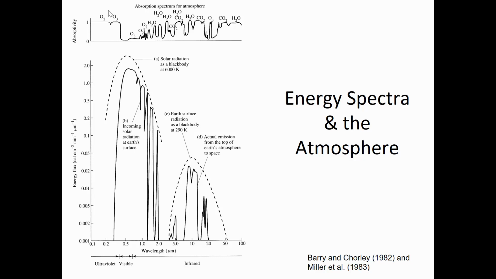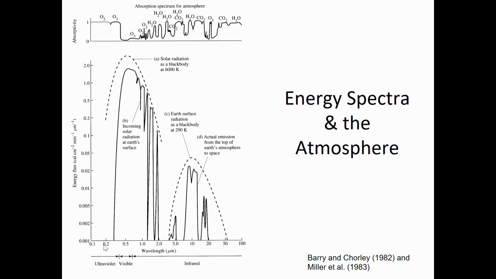And so part of the reason why we're able to have incoming solar radiation is that there's a relatively low absorptivity in the wavelength of visible light. Ozone absorbs a little bit of that energy, but for the most part it passes through the atmosphere.